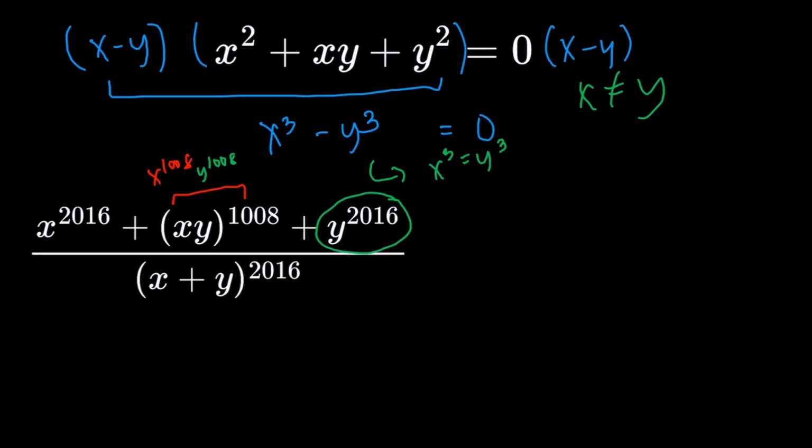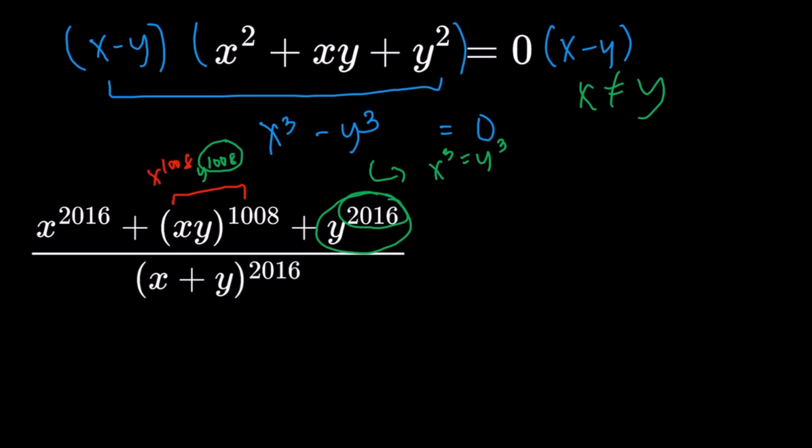And look at this, 1008 and 2016 are both multiples of 3. So I can replace those two green terms, y raised to 1008 and y raised to 2016, with x raised to 1008 and x raised to 2016. I'm not saying that x equals y, but I'm using the fact that x cubed is equal to y cubed. And it so happened that 1008 and 2016 are both multiples of 3, so I can use this fact.